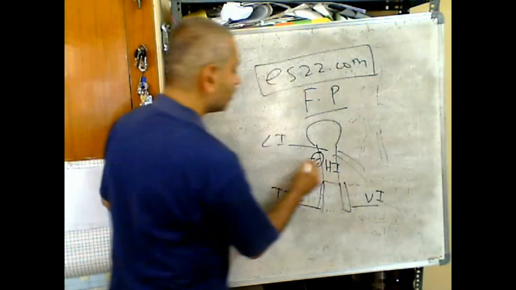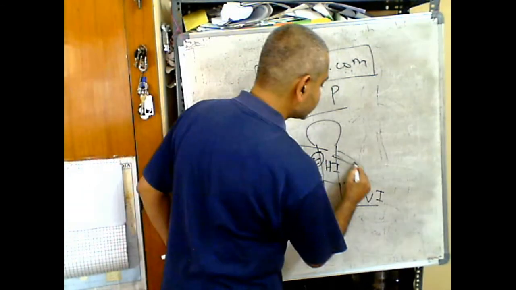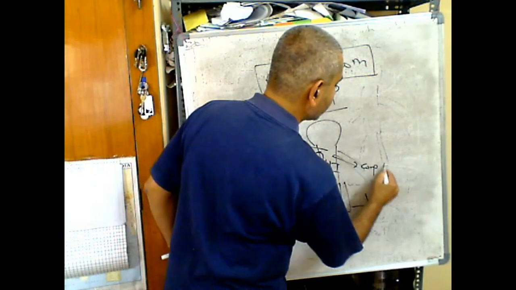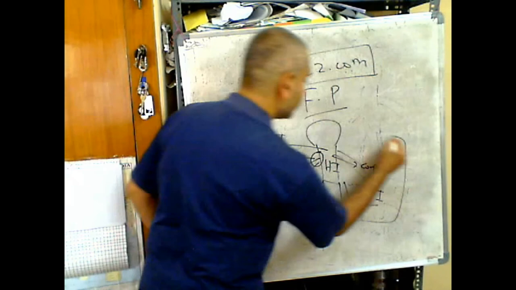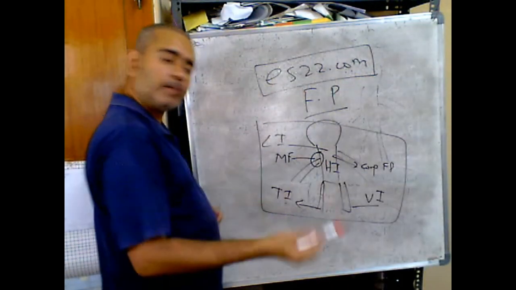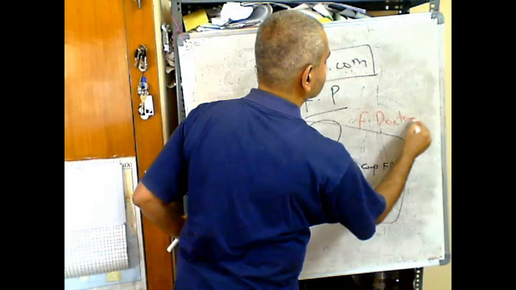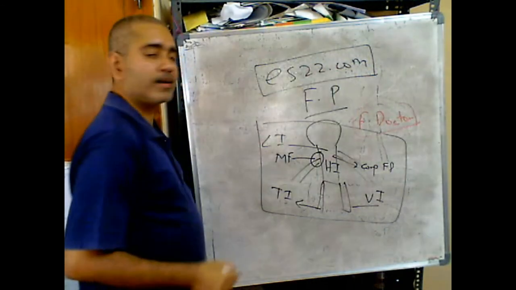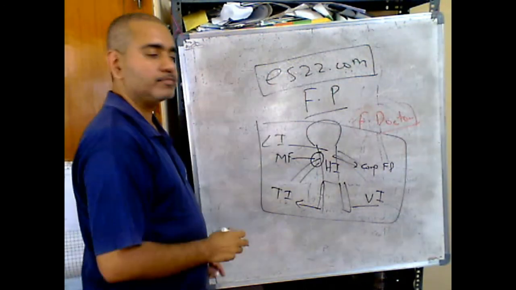We help him purchase mutual funds. We help him purchase company fixed deposits. So we do the entire range of financial planning for customers as a financial planner or a financial doctor. All using our technology, all using es22.com, all online.